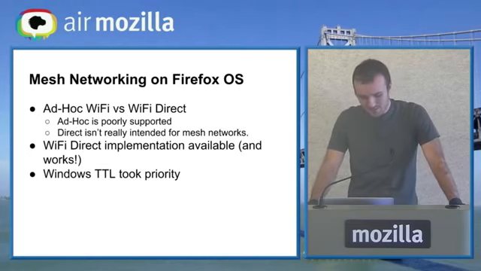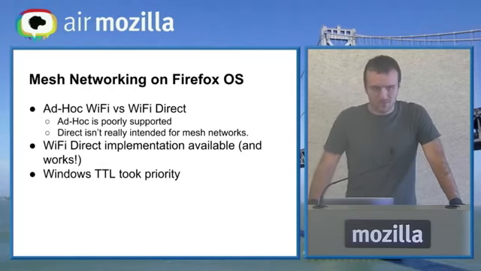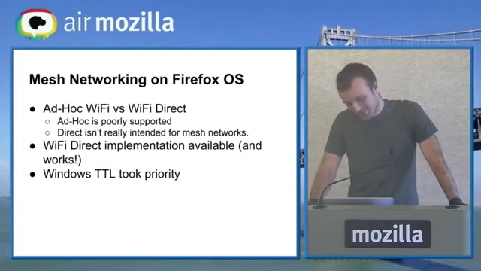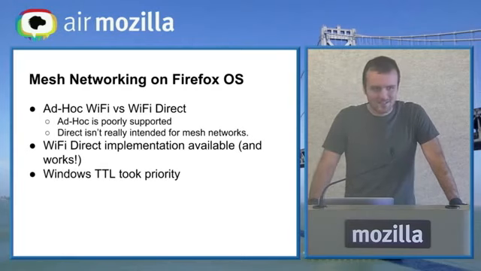I was actually able to use our Wi-Fi Direct implementation to get two phones to talk to each other. But again, Windows TTL took priority and I never got too far with that. You can just walk around and be loosely connected with anybody who has the same setting.